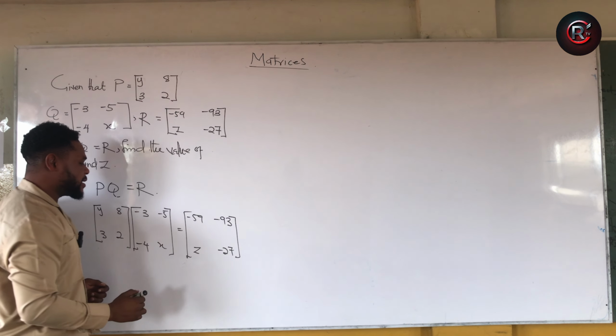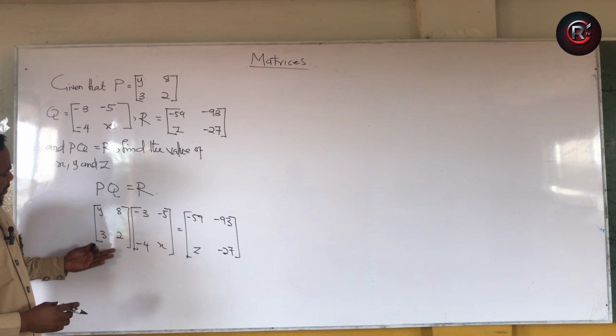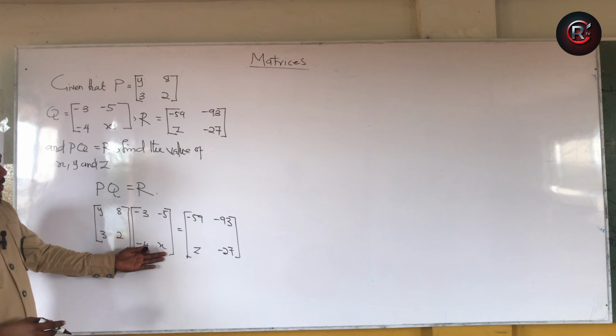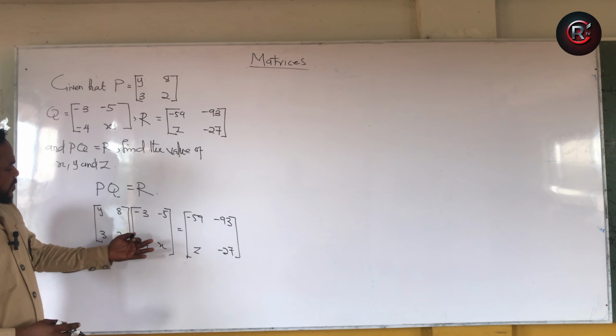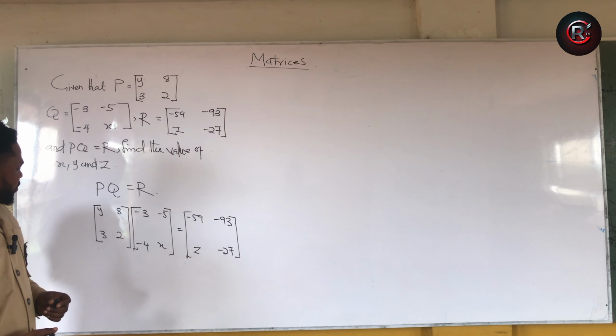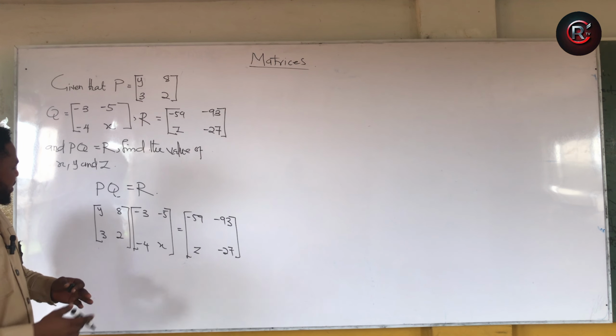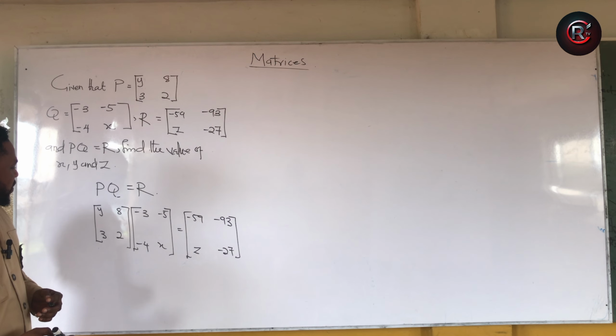All right, nicely. From this illustration, this matrix is multiplying this matrix, so we are going to see how we can multiply these two matrices. This is a 2 by 2 matrix. Let's take our time and multiply and see what we can get.